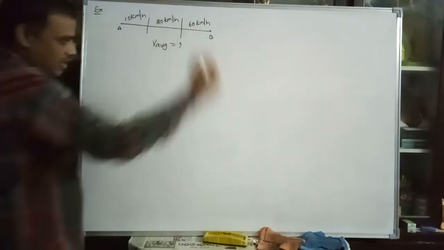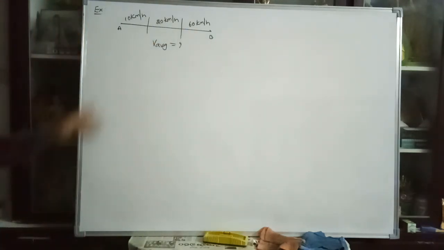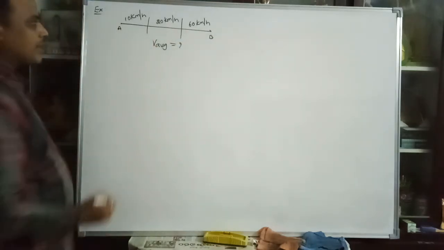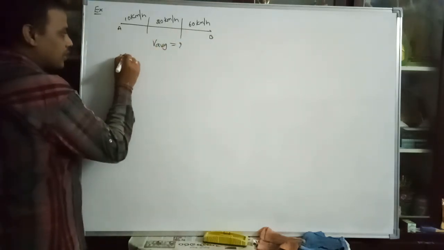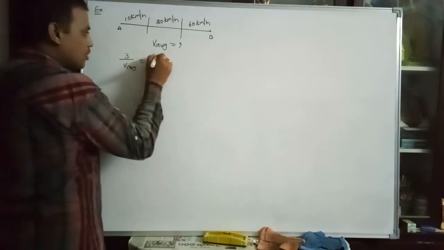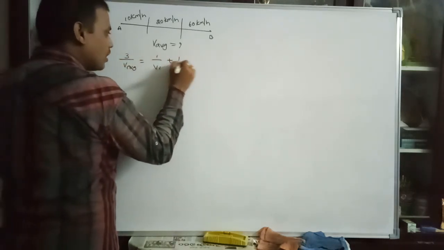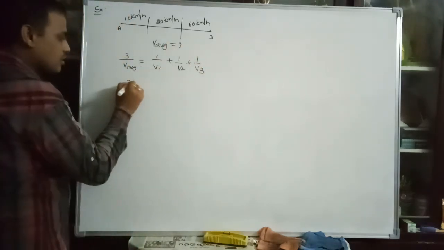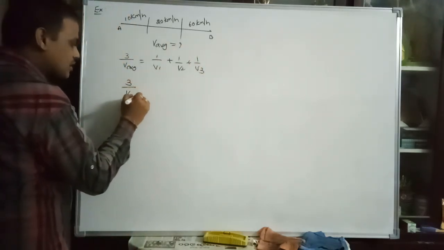They are asking. Many times this is given. So here three equal parts are existent. According to three equal parts, the average speed can be written as 3 by v average is equal to 1 by v1 plus 1 by v2 plus 1 by v3.